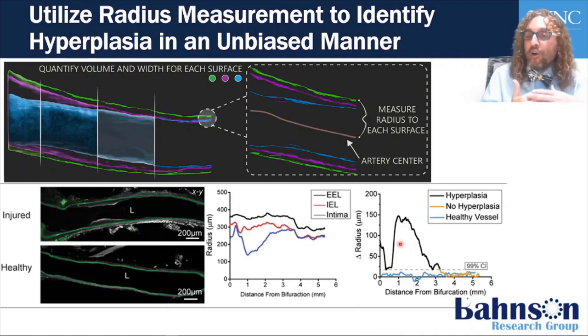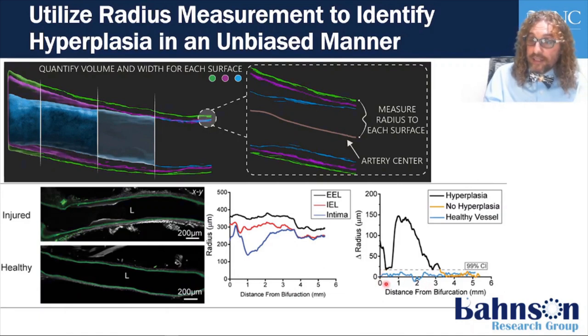But how big does that delta radius need to be for it to be considered neointimal hyperplasia? To minimize user bias in that decision, we do the same delta radius in a healthy contralateral artery from the same rat. The right artery wasn't injured, and we also calculate these radii, and we trace the plot.